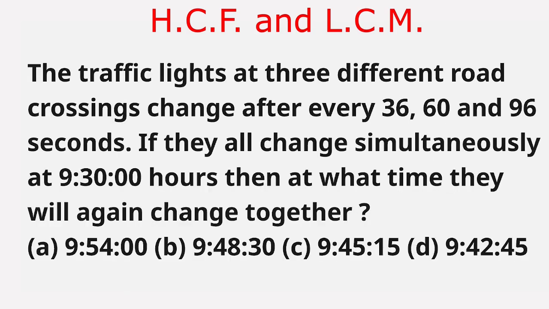Our question is, the traffic lights at 3 different road crossings change after every 36, 60 and 96 seconds. If they all change simultaneously at 9:30 hours, then at what time will they again change together?